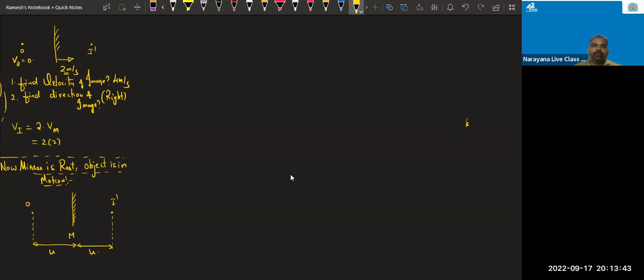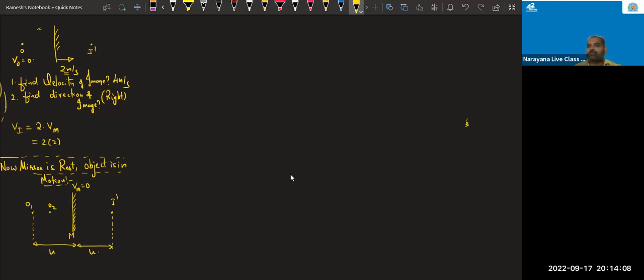Also U meters. Now I said the mirror is in a state of rest, which means the velocity of the mirror is 0. The object is displaced from O to O prime.